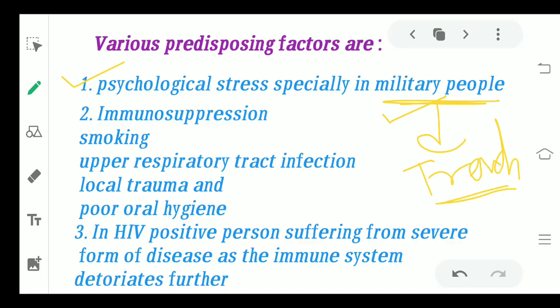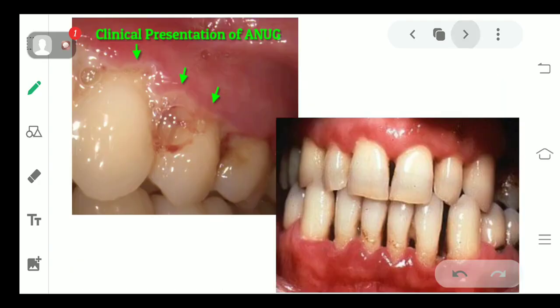Another thing is immunosuppression. Any person having any kind of disease, whether HIV or anything, due to which the immune system is suppressed, that is another predisposing factor. Then smoking, upper respiratory tract infection, local trauma, poor oral hygiene, and as I told you, HIV positive people who have a weaker immune system are the ones majorly affected.